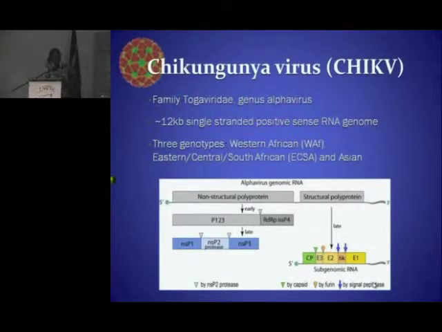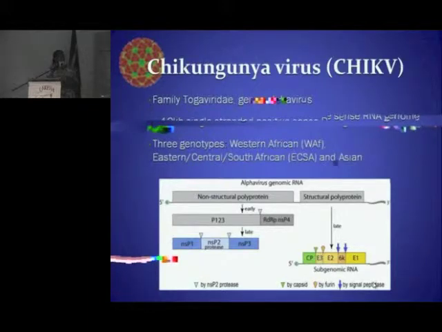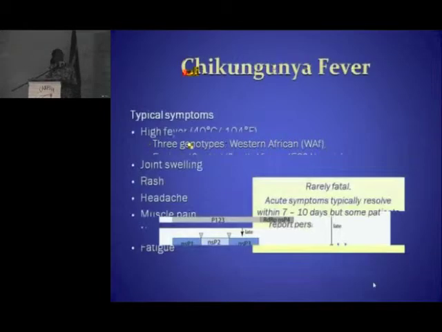It's a totally different virus, however. It belongs to the genus Alphavirus, also RNA viruses, and there are 3 genotypes that exist. As far as we know, there's 1 serotype, but 3 genotypes within that serotype: the West African, the East Central South African, and the Asian genotypes.